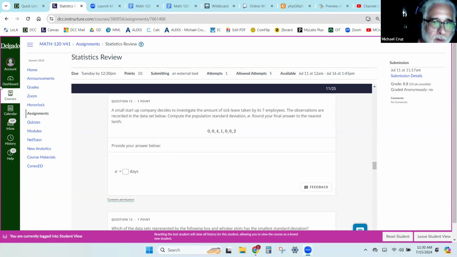Okay, so we just got to remember, and I think this one only does the population. I don't think they ever give you the sample, but remember the sample standard deviation is the one where you subtract 1 from n in the denominator. So for this one, it's sigma, that's what that is. It's not a 6.